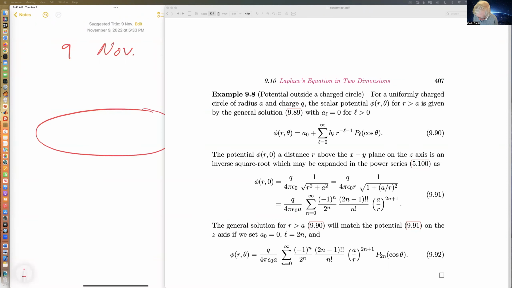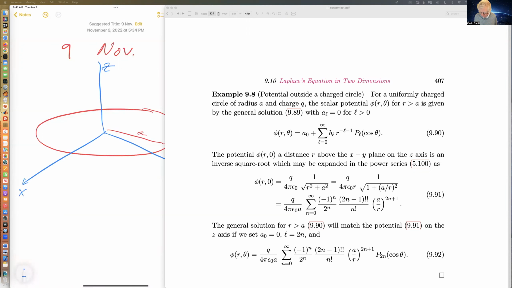So we're imagining we've got a circle of radius a, and it has charge Q. If I switch now to blue, we can have an x-axis going this way, a y-axis going this way, and a z-axis this way.